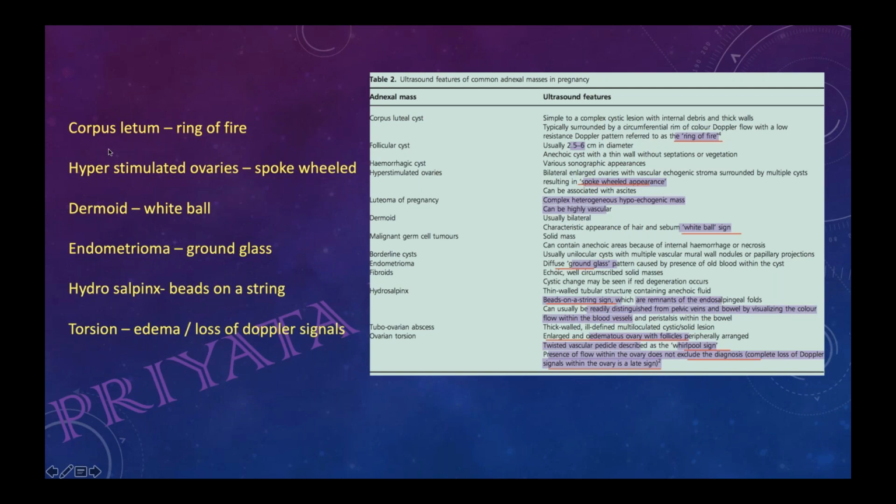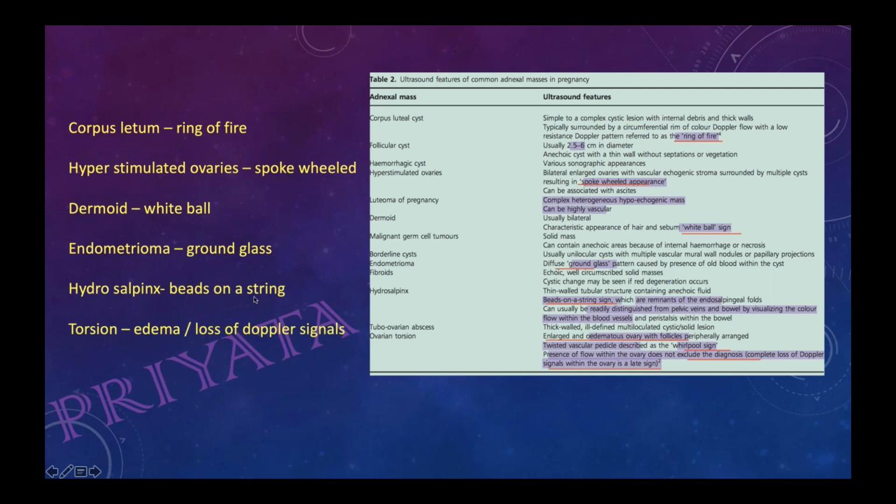I'm not reading this. With the corpus luteum in USG scan, you will find the ring of fire. I just showed you the ring of fire also. In hyperstimulated ovaries, there will be a spoke wheel appearance, like a wheel. Dermoid will be a white ball. Endometrioma, ground glass appearance.